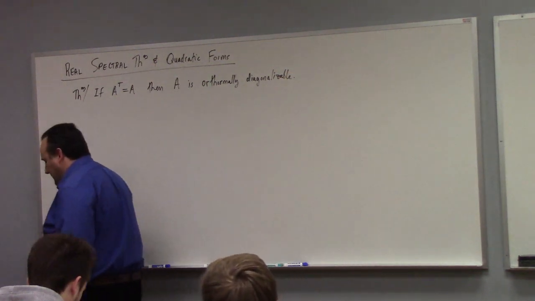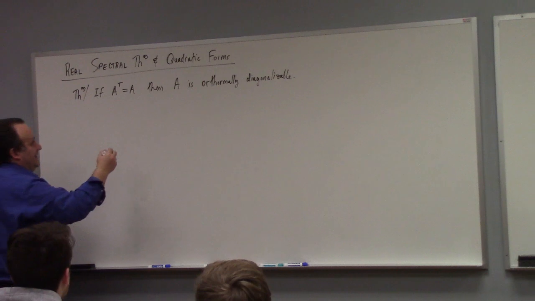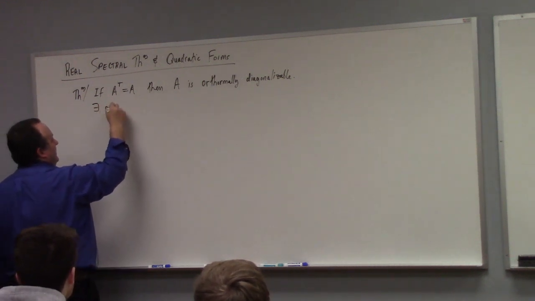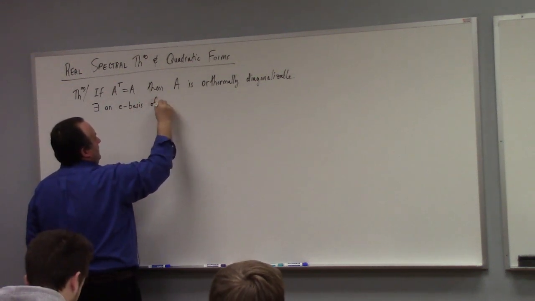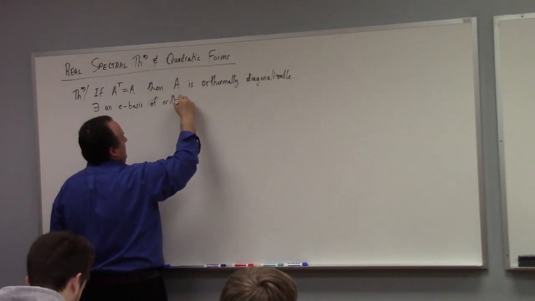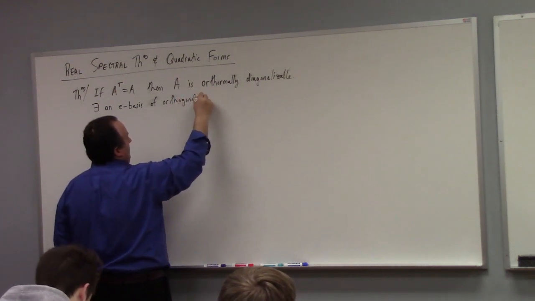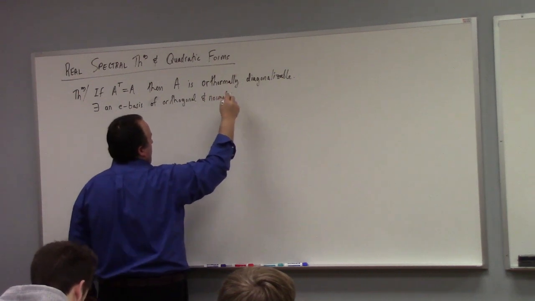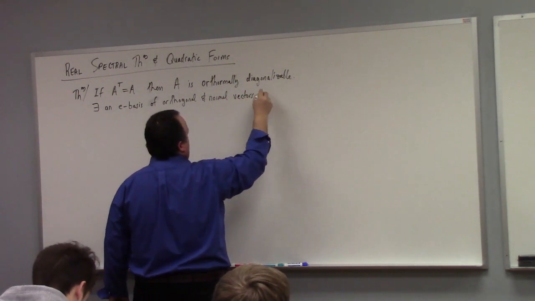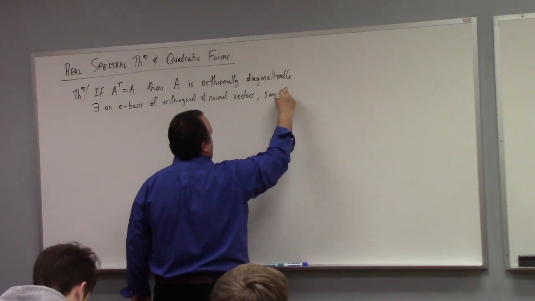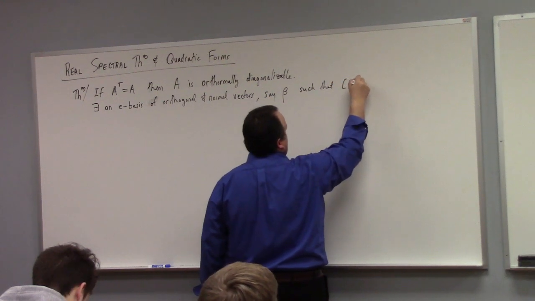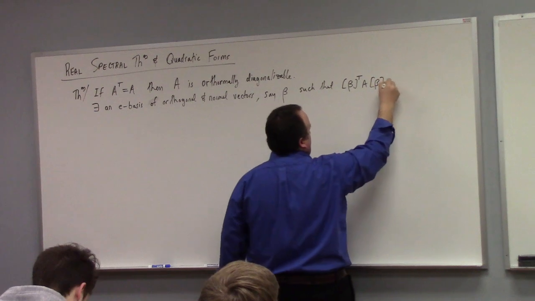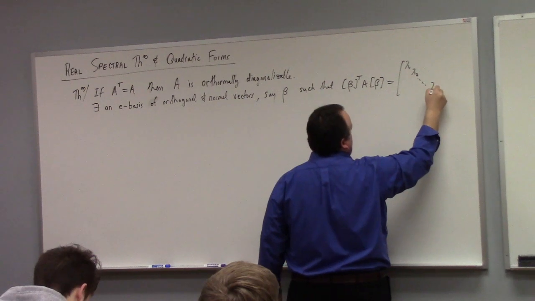In other words, that is to say that there exists an eigenbasis of orthogonal and normal vectors, let's say beta, such that beta transpose A beta is equal to the diagonal matrix with entries lambda 1, lambda 2, through lambda n.